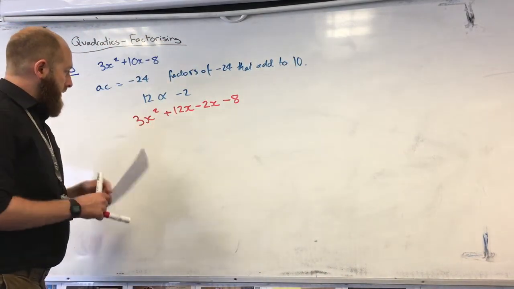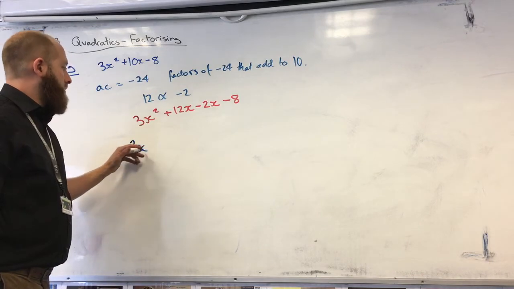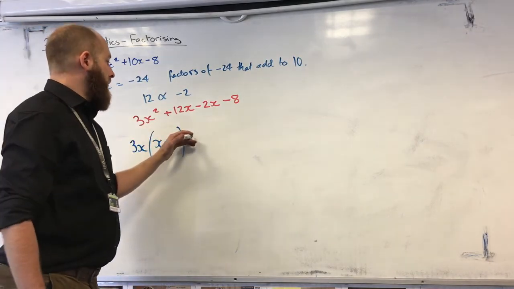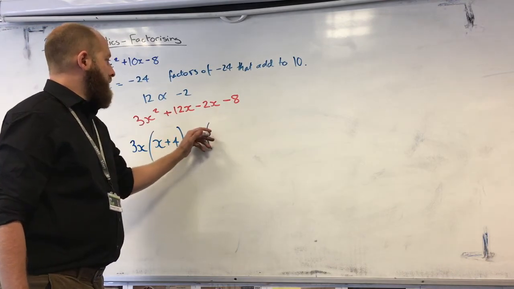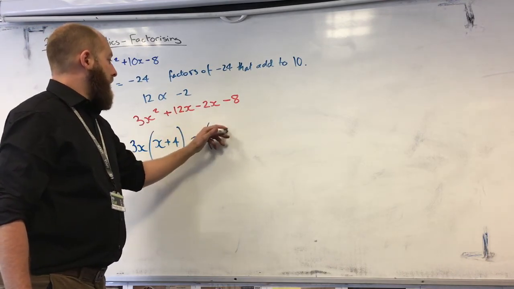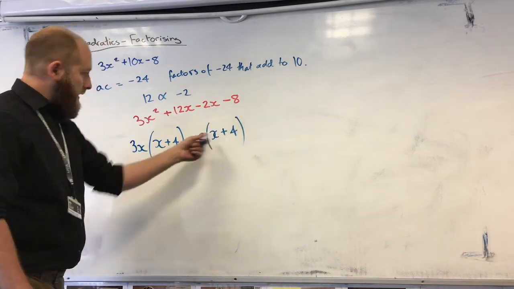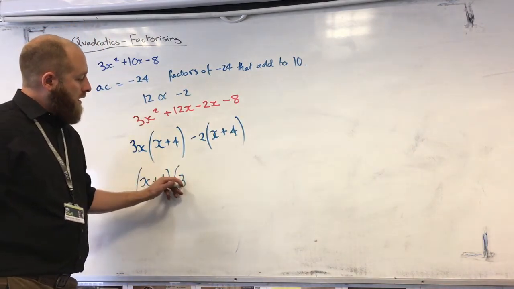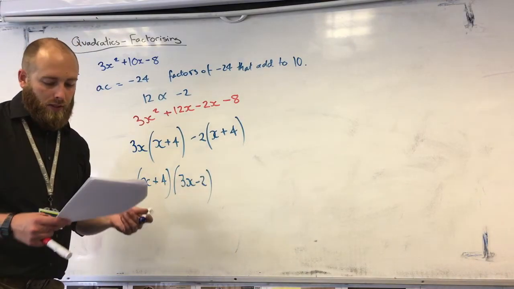Then we're going to factorise this, so we get 3x, x plus 4, and then minus 2, x plus 4. Excellent, so we've got the same factors, so we don't need to do anything else. So we get x plus 4, 3x minus 2.